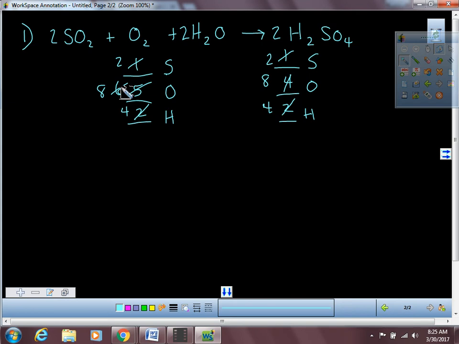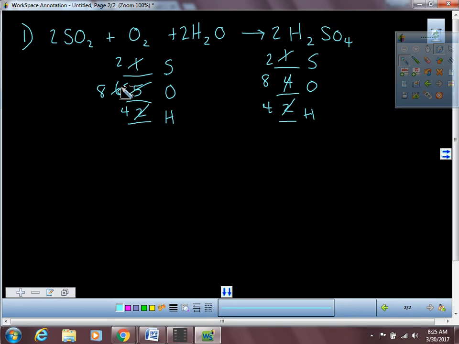This one comes up again later, so just make sure you have it written down because you'll use it in another problem. The question they ask, if 12.5 moles of SO2 reacts, how many moles of H2SO4 can be produced, and how many moles of O2 are needed? So what do you have a number for? Your moles.